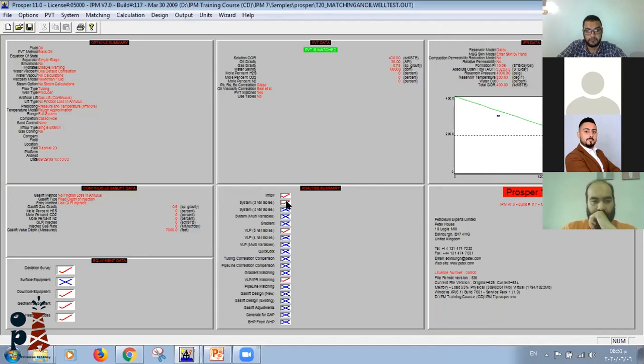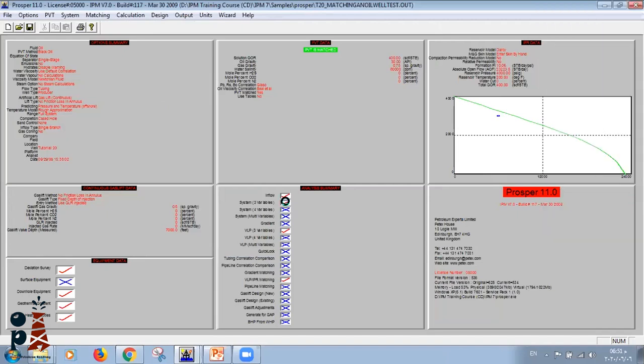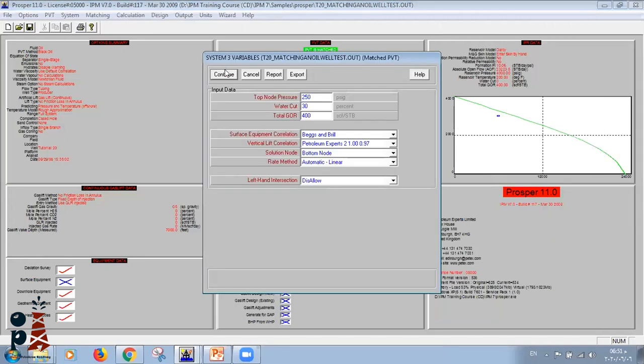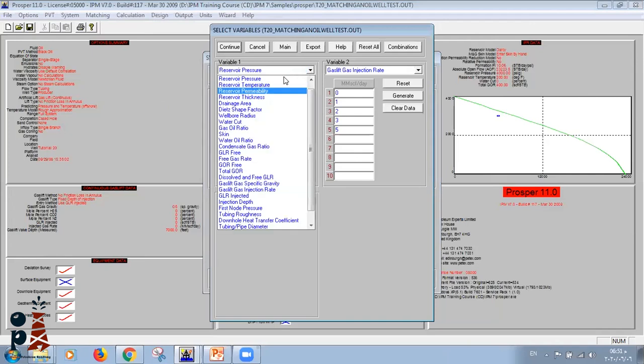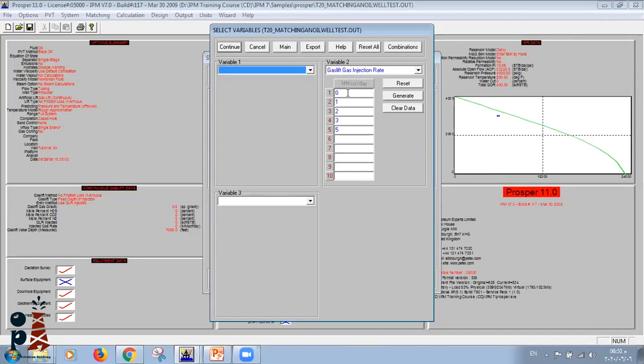So as we see here, these are the variables. Here I changed the variable. I changed this well to use, for example, gas lift injection, with various injection rates.